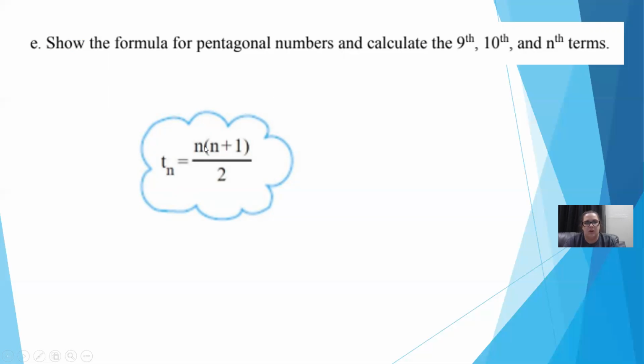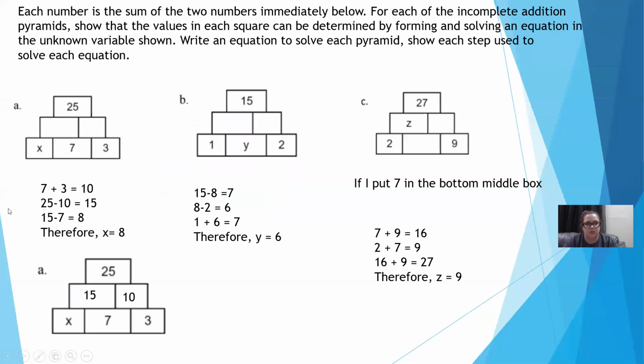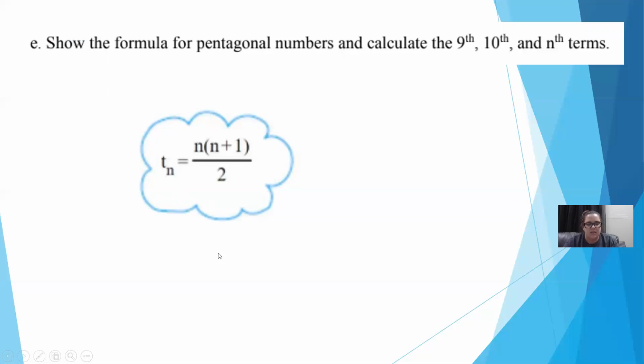And for the 10th one, it will be the same thing. N equals 10, so T10 equals 10 times 10 plus 1, in parentheses, sorry, divided by 2. And so that's going to be for any nth term. You're going to use whatever number is given for the nth term, put it in place of n, and that's how you're going to get your equation.